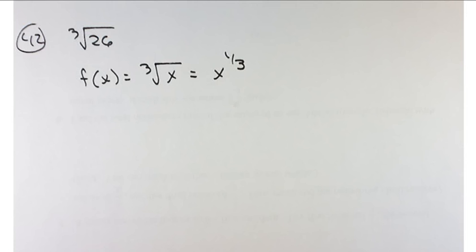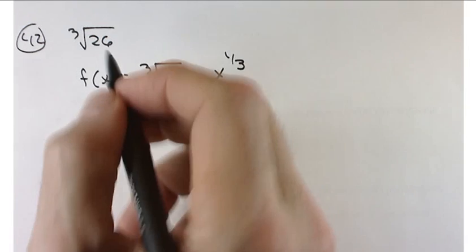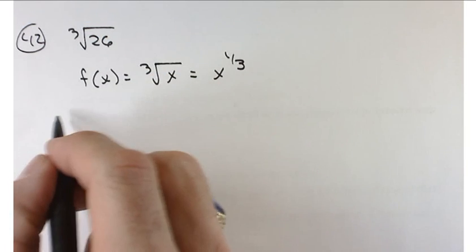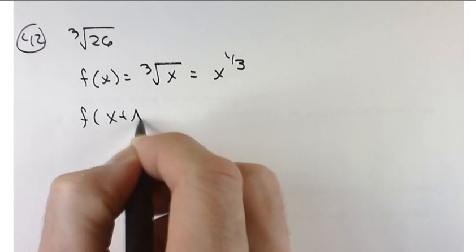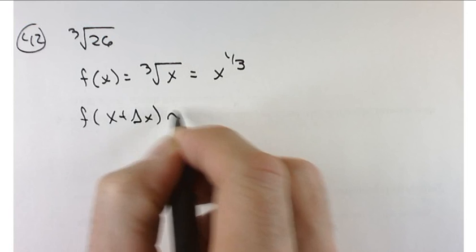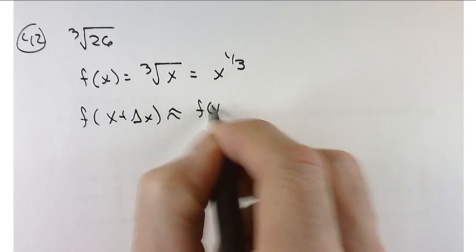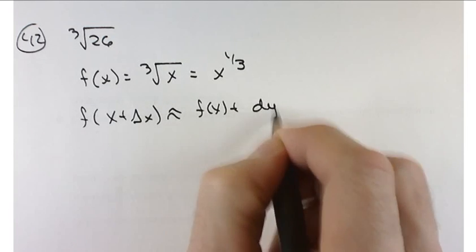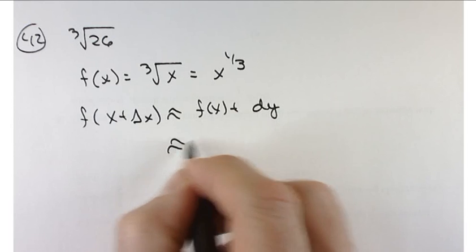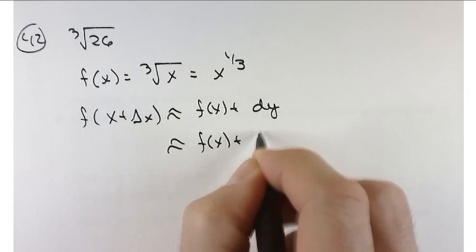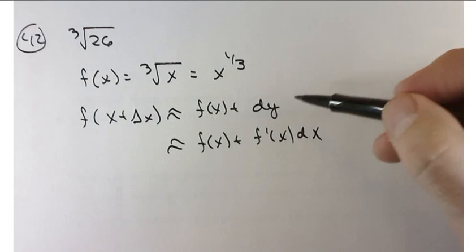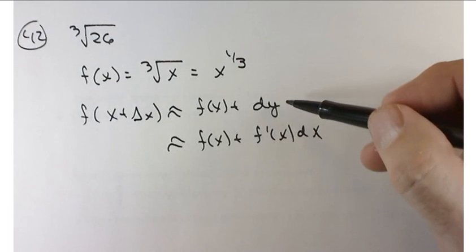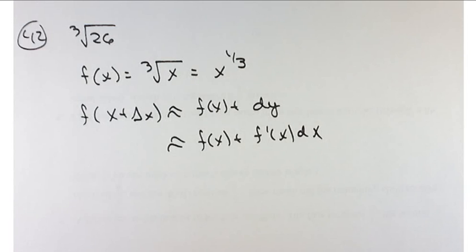So instead I'll use this relationship that f of x plus delta x is approximately f of x plus dy. Or you could also write it as f of x plus f prime of x dx. So that's your differential. It's how much the tangent line changes. So this is a good approximation.